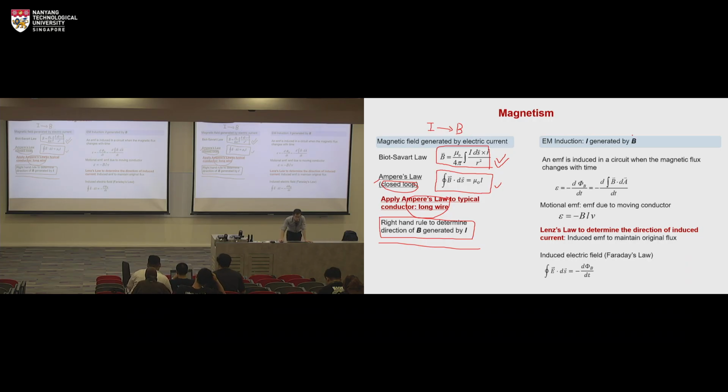We also have the opposite process from B to I, that is the so-called electromagnetic induction. And again, electromagnetic induction by definition, and for a special scenario of a moving conductor inside a magnetic field. So these are the difference by definition and for a special scenario.